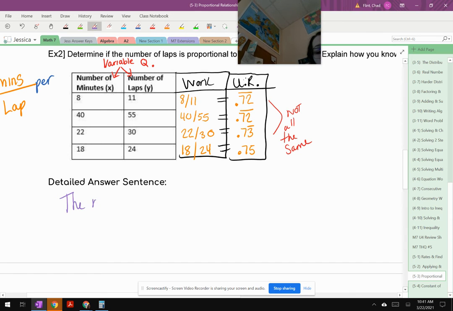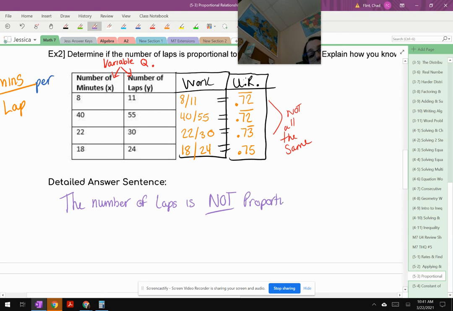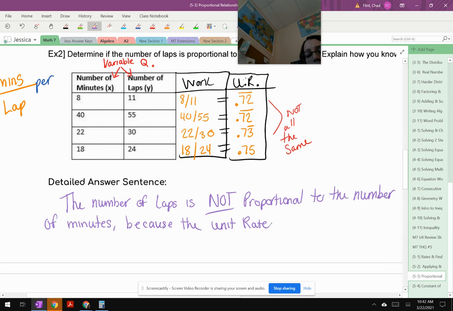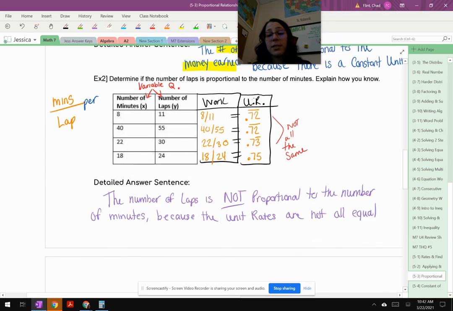So the number of laps is not proportional to the number of minutes because the unit rates are not all equal, or not all the same, or not constant.